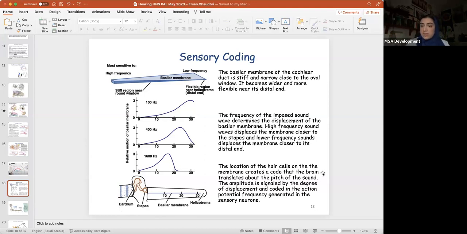So the location of the hair cells in the membrane creates a code that the brain translates about the pitch of the sound. So your brain knows when the hair cells are activated here, that's a lower frequency sound and your brain can pick up on that. When it's over here, it's a higher pitch sound. So for example, children's voices, women's voices are typically more here.